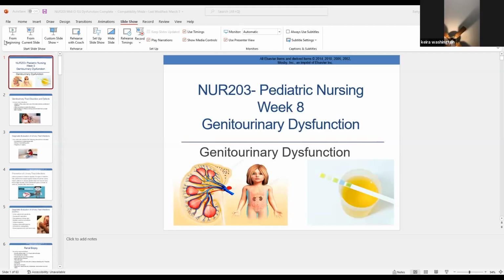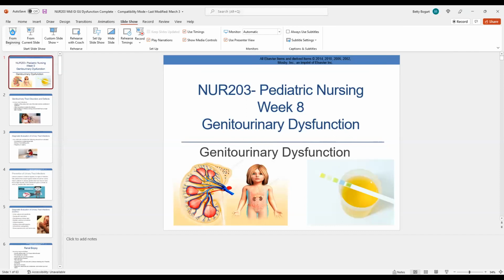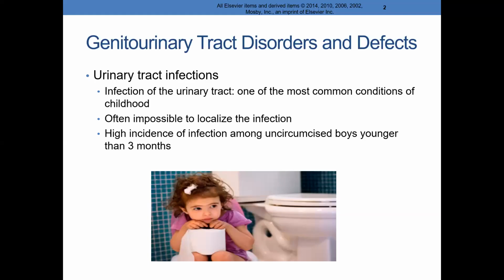GI, GU, a lot of stuff in this for children. So GU, genitourinary tract disorders. When you think of urinary tracts, you think of urinary tract infections in children.